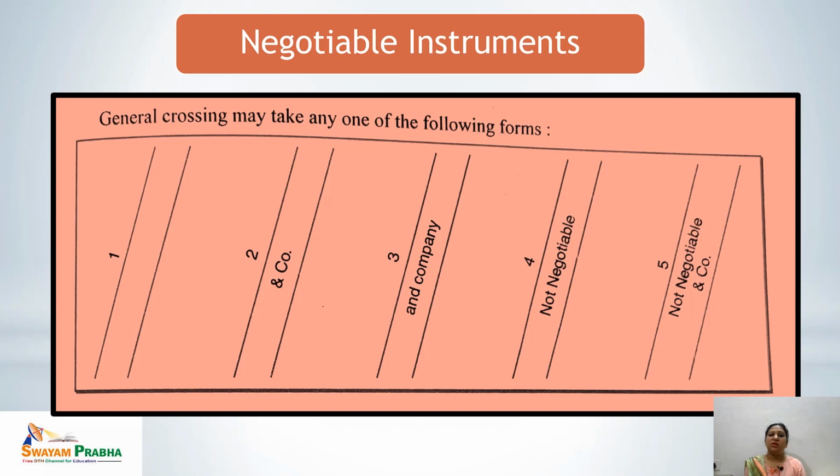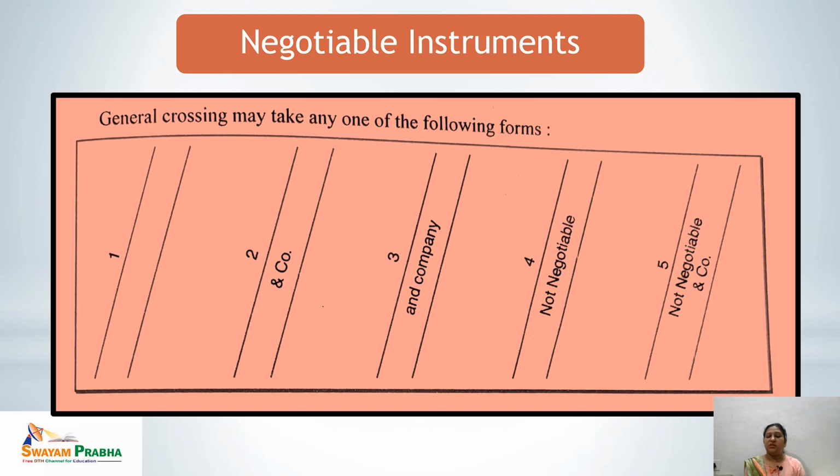So this is an example of that. In the first case, only two transverse lines are drawn. In the second case, "and company" is mentioned. In the third case, "and company" is also mentioned, but the way of writing is different. In the second case, the abbreviation was used, and in the third case, the complete words are used.